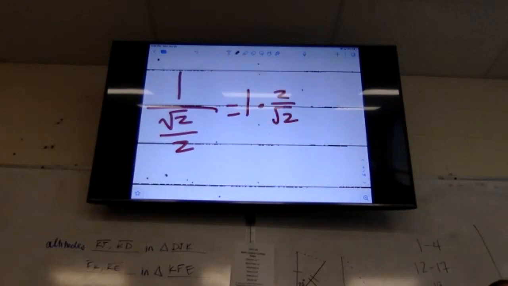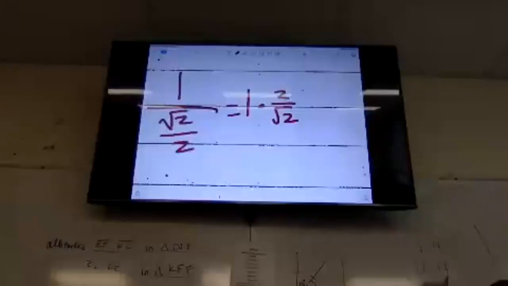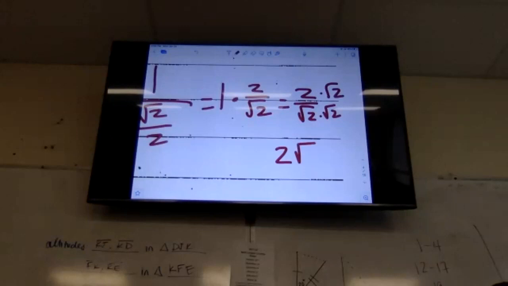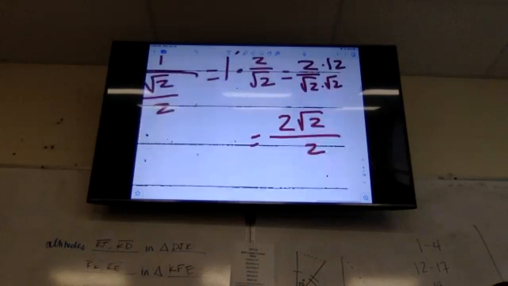So I've got 1 times 2 over root 2. That gives me 2 divided by root 2. And then I'm just going to rationalize and simplify. When I rationalize, I can't have a square root on the bottom. So we multiply by root 2 on top and bottom to get 2 root 2 over 2. And then the 2's cancel. So my final answer is just root 2.